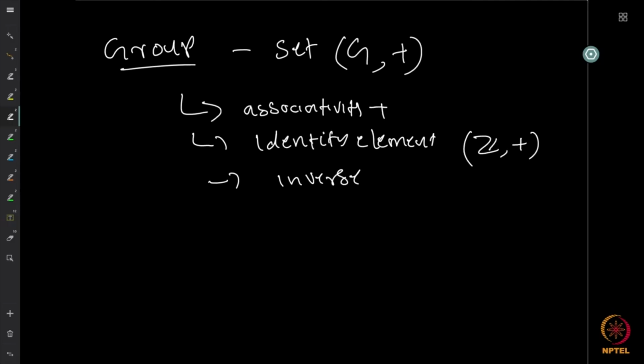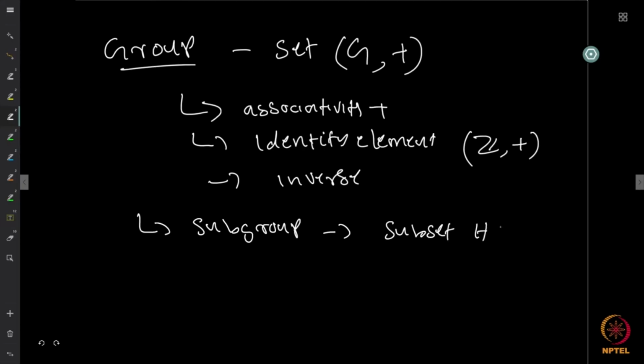Now, if groups have subgroups, what is a subgroup? Subgroup of a group is basically a subset of the set G, and such that H together with the operation is a group by itself.